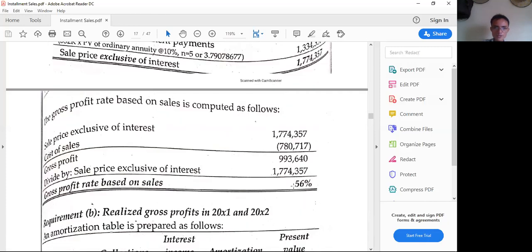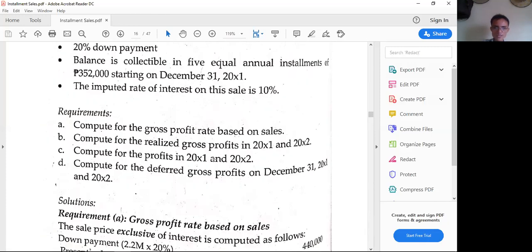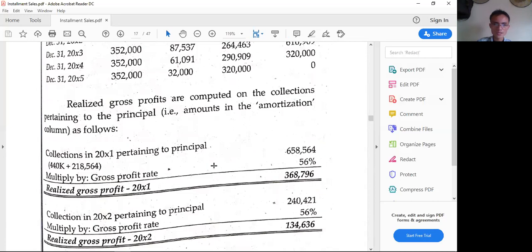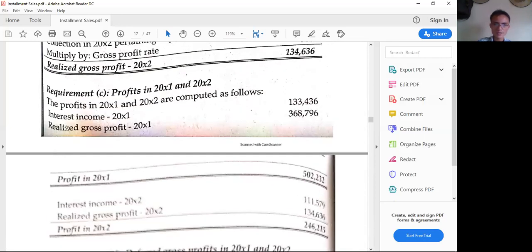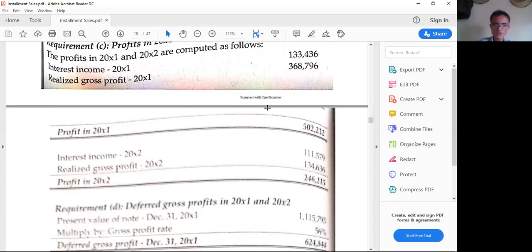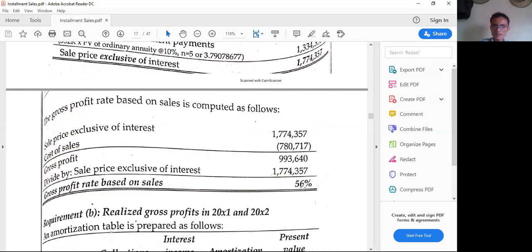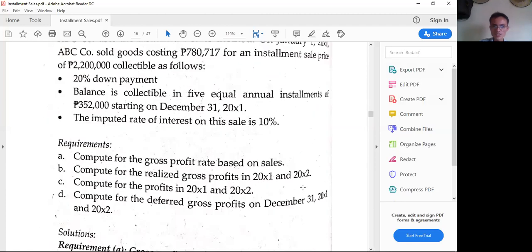If we will be asked for requirement C, which is profits in 20X1 and 20X2, that's going to be here. You have the interest income and realized gross profit. You have here the total profit in 20X1. In 20X2, you also have that. Probably the question here is how much is the income?